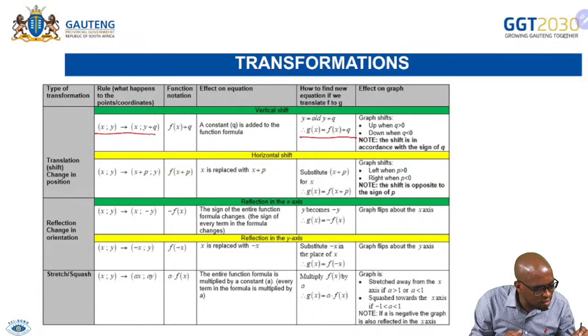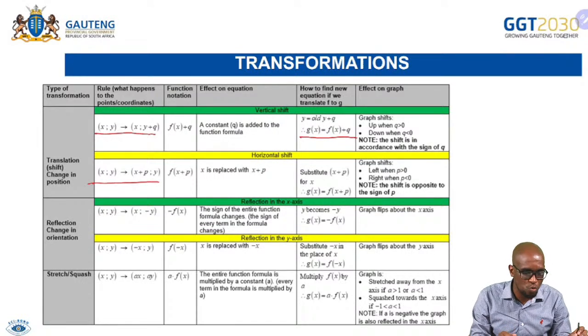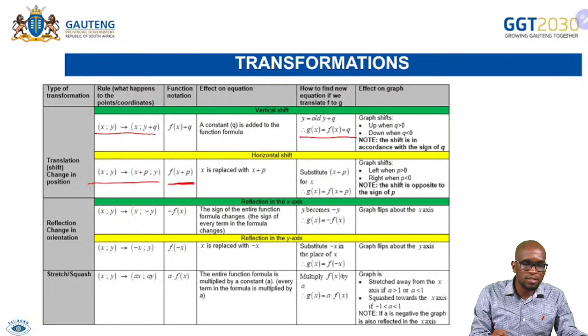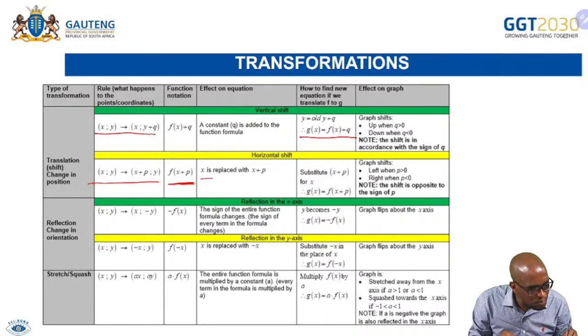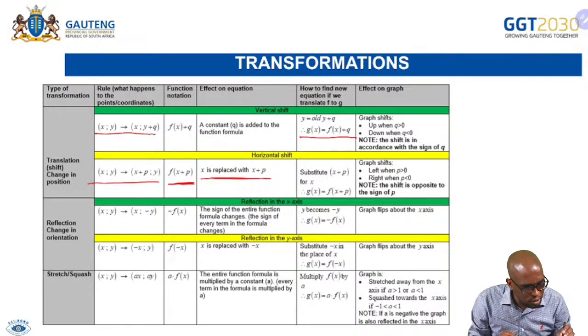Now, if you check here, the point x, y changes to a point x plus p, y. And in the equation, where you see x, you're going to put x plus p. x is replaced by x plus p. That's very, very important. In the equation, obviously, you substitute x plus p where you see x.